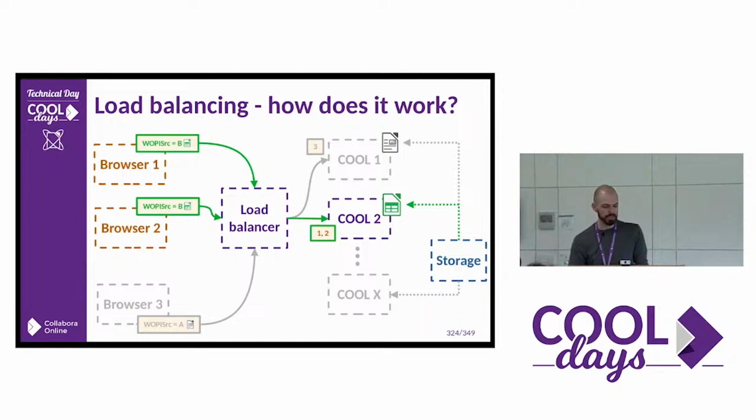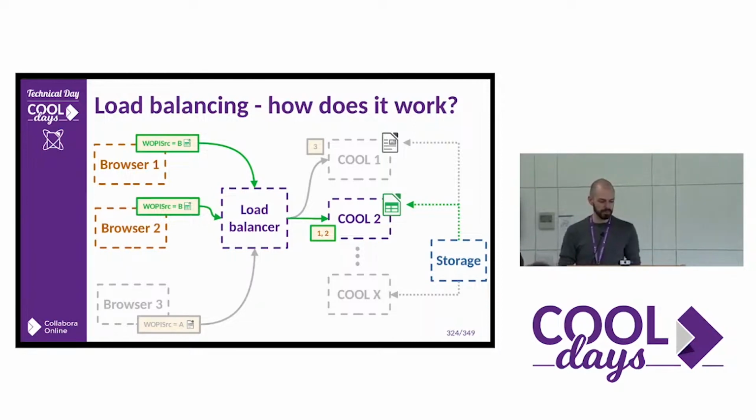It has to detect that the request has to go to a specific node. For that, we use some parameters in the requests. In a simple example with a static configuration, for example with HAProxy, we use the WOPI source parameter, but there can also be a more advanced scenario where we want to scale our deployment up or down.